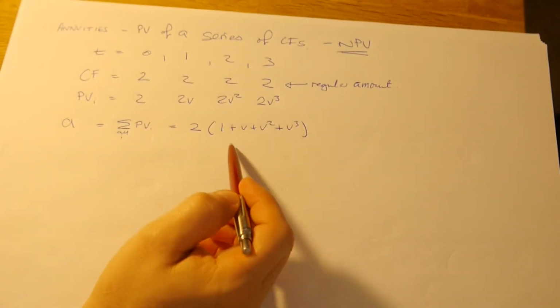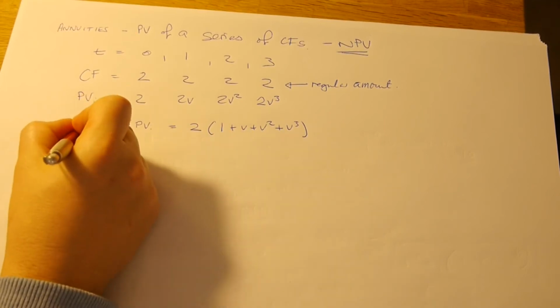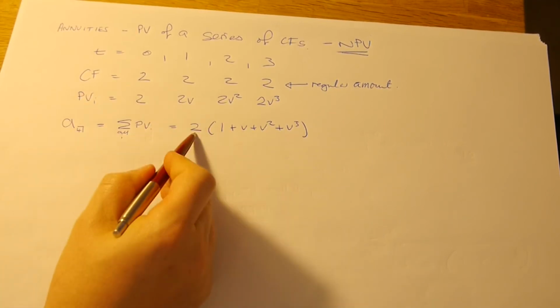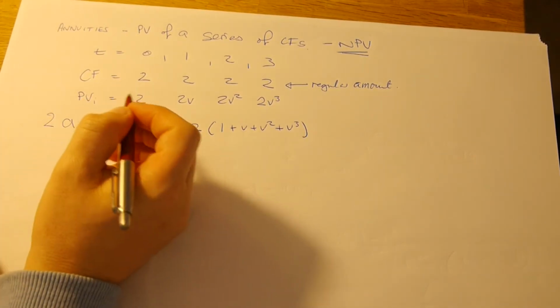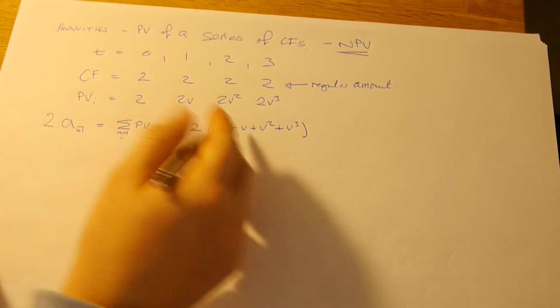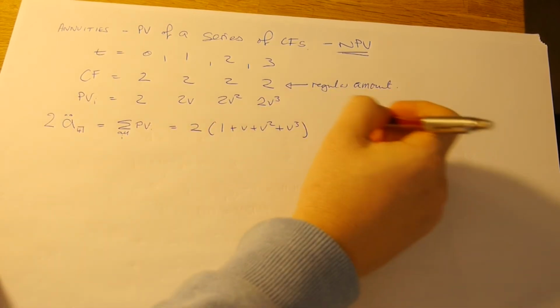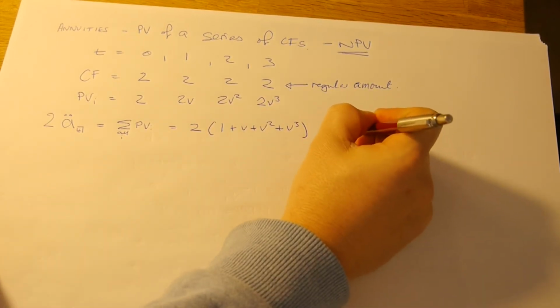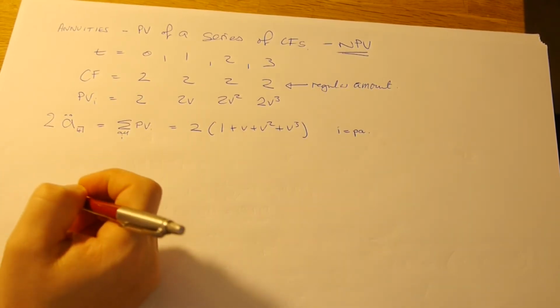If you remember our notation, there are 4 payments in here, so 4 here. The p is 1, which we'll talk about in a little while. And this starts in advance, so we'll put the double dot on. And all we need to make sure is that the units of i are per annum effective.